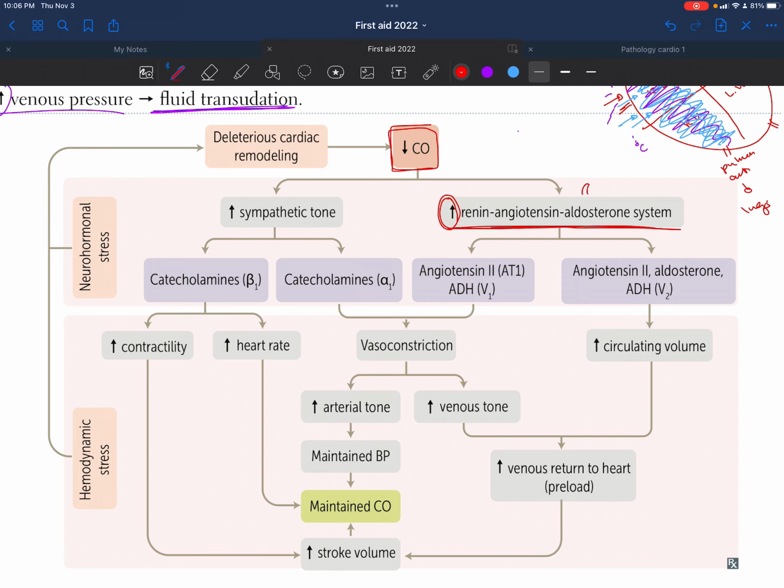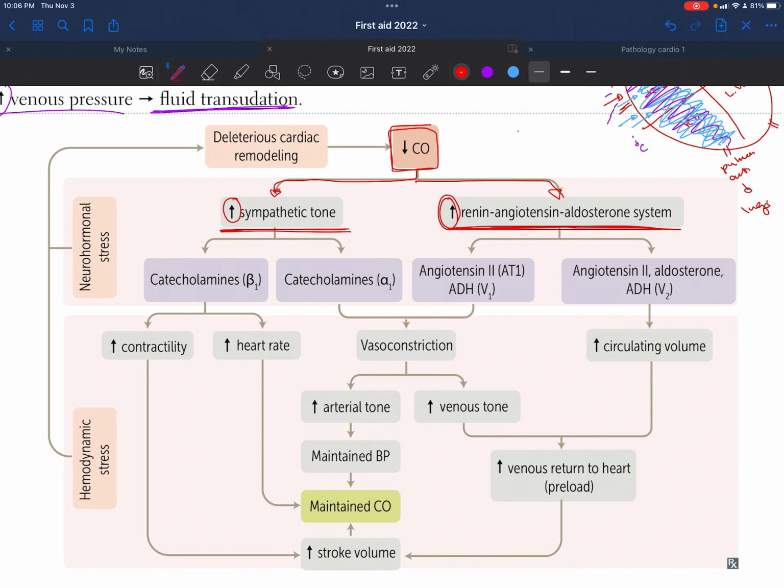So this is one, and it's the first thing that happens, but simultaneously, at the same time, there is also an increase in the sympathetic tone. So decreased cardiac output will lead to two things at the same time. One is the increase in the renin-angiotensin-aldosterone system, and the other one is the increase in the sympathetic tone.